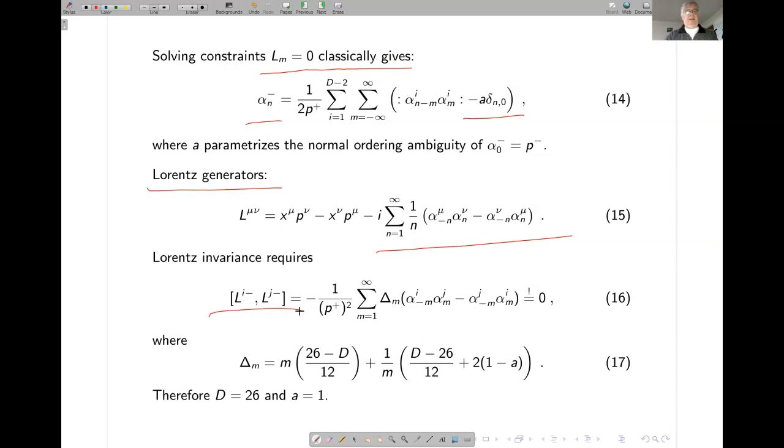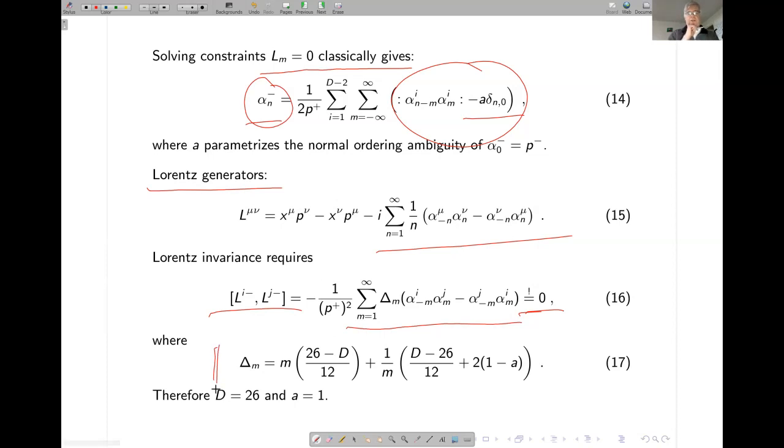And if the Lorentz algebra holds, then commutators between such operators must be 0. But if one does a computation, which is slightly lengthy, one finds, because the alpha minuses are now normal ordered quadratic sums in the alpha i, the computation becomes slightly messy. But if one suffers through, one finds that in general the result is some sum of operators with some coefficients.